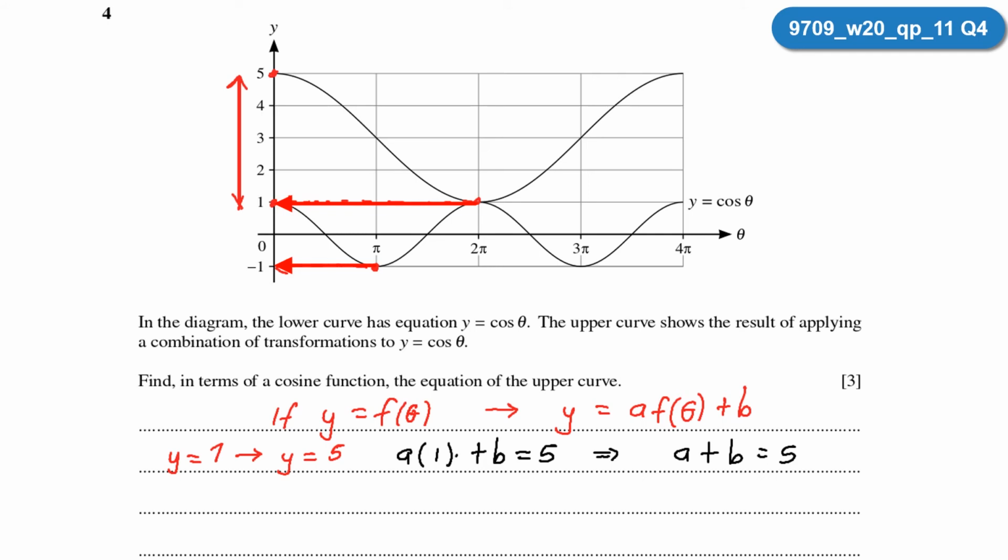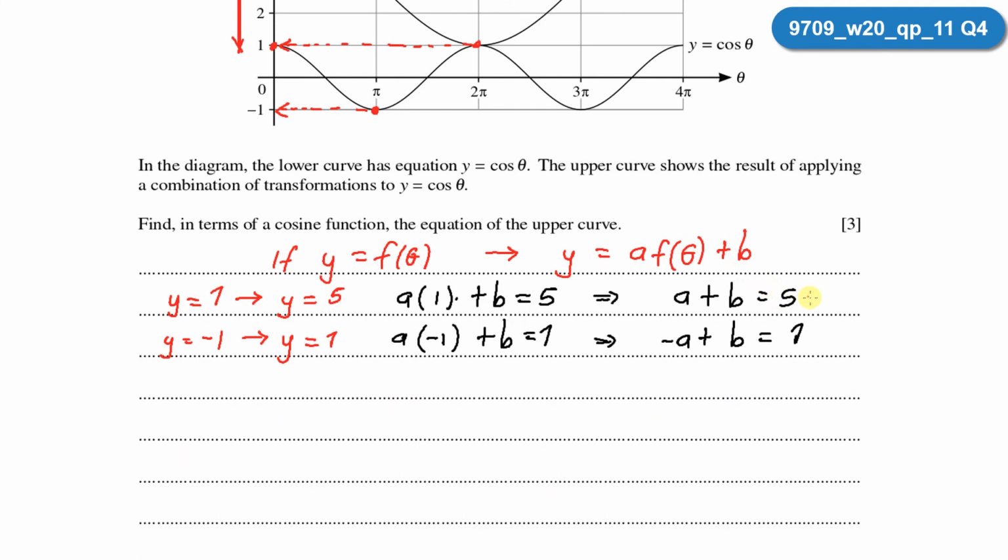So we're again saying here the point y is equal to minus 1 is being transformed onto the point y is equal to 1, which means that a times f of theta, which is minus 1, plus b is giving us 1, and this is the equation minus a plus b is equal to 1.